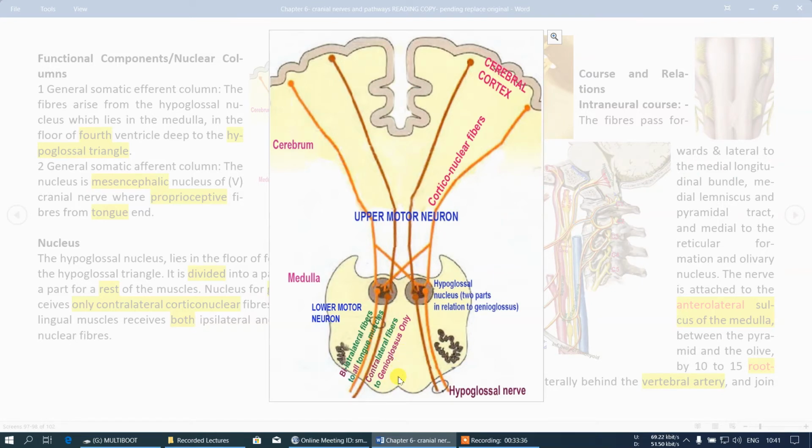This fundamental is useful for clinical testing of protrusion of the tongue and for diagnosing palsy at supranuclear or infranuclear levels. So all muscles of the tongue receive bilateral, ipsilateral and contralateral, fibers, except genioglossus, which receives only contralateral corticonuclear fibers.